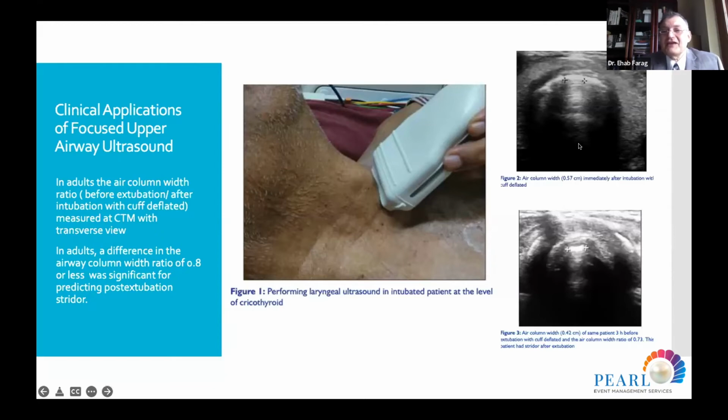If immediately after intubation the airway column with the cuff deflated is higher than that before extubation with the cuff deflated, this means that upper airway edema can develop. So a width ratio less than 0.8 means prediction of stridor. And this is quite intuitive, of course.